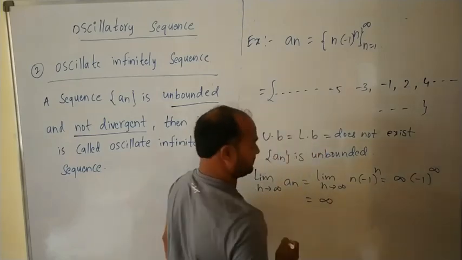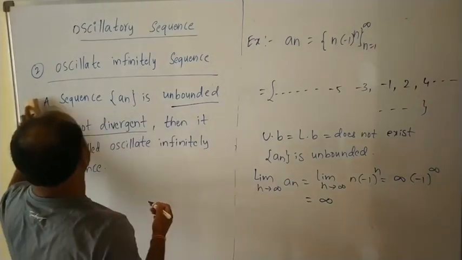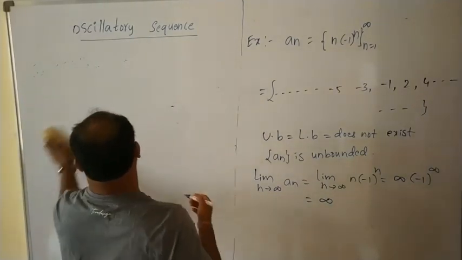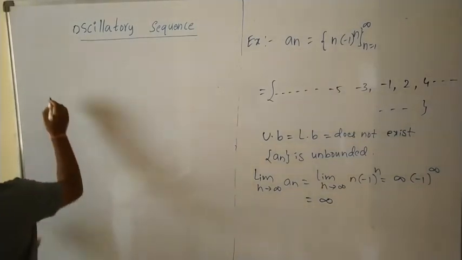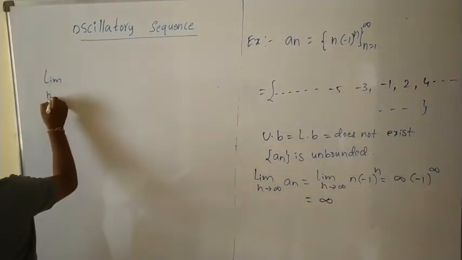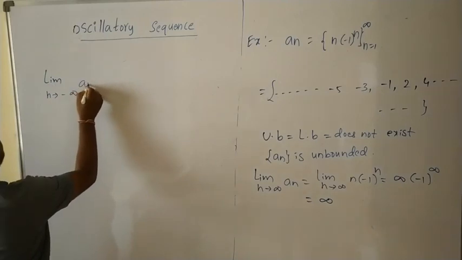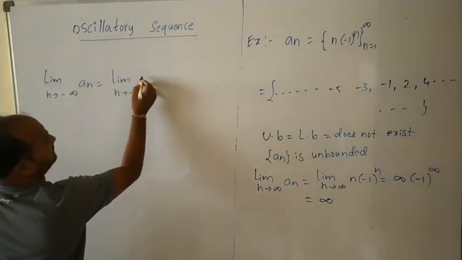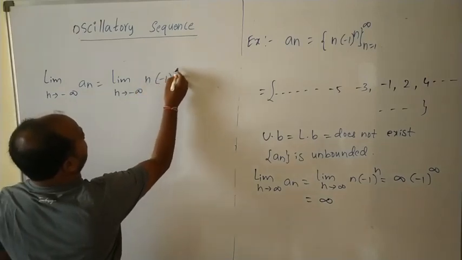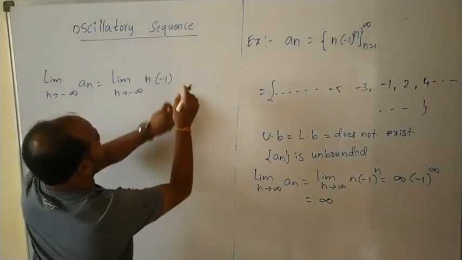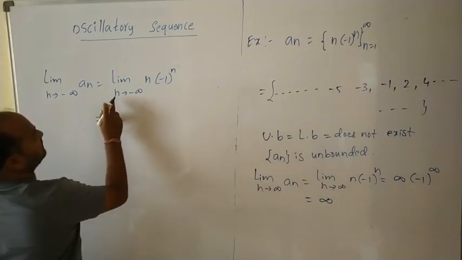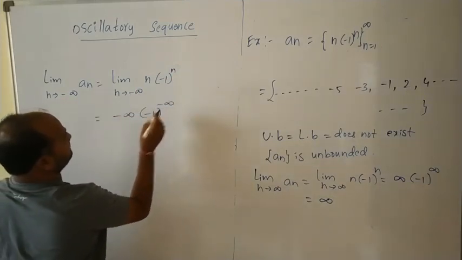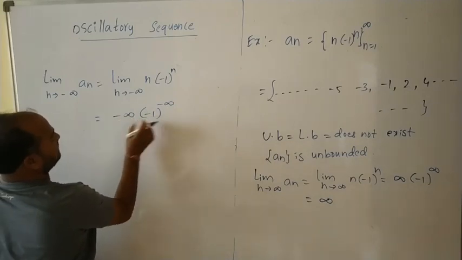Next let us find the limit as n tends to minus infinity of an, which is minus infinity into some value.